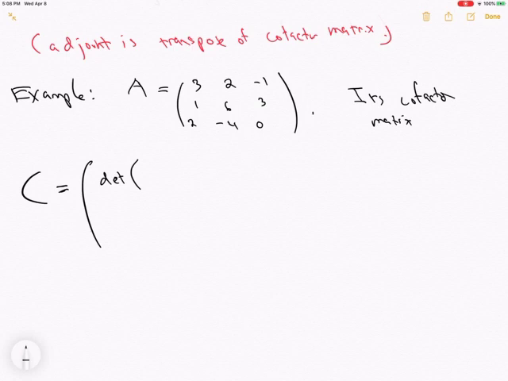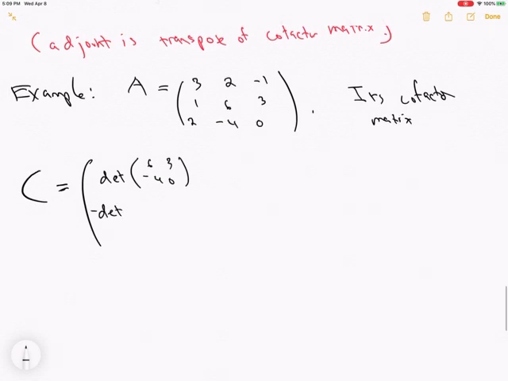That's the determinant of 6, 3, minus 4, 0. The 2, 1 entry is negative the determinant of the corresponding 2, 1 submatrix. So that's 2, minus 1, minus 4, 0. And the 3, 1 entry is plus the determinant of the corresponding 3, 1 submatrix. That's 2, minus 1, 6, 3.